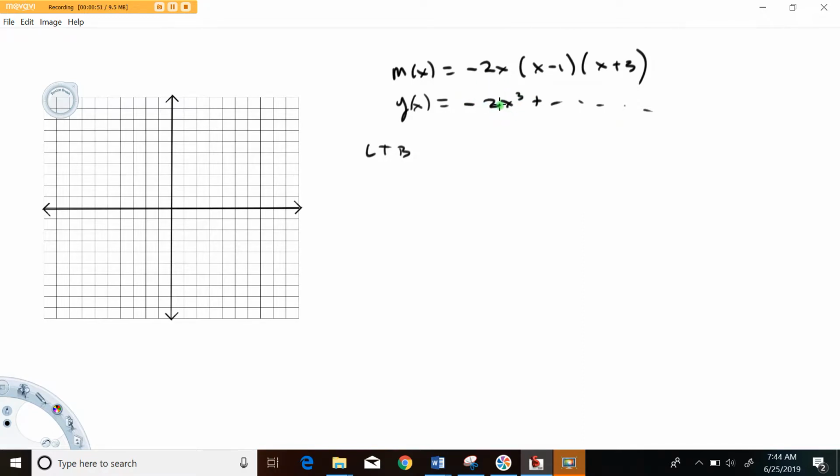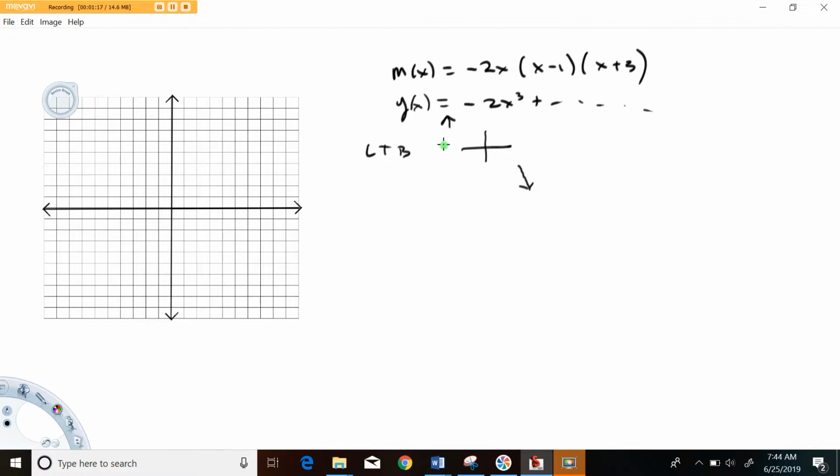This is an odd function. X to the third has this type of behavior. Minus 2x to the third will therefore look like this, because remember the minus sign is a reflection about the x-axis. So the long-term behavior of this function goes basically this way, quadrant 4, this way into quadrant 2. Then there'll be some detail here in the middle.